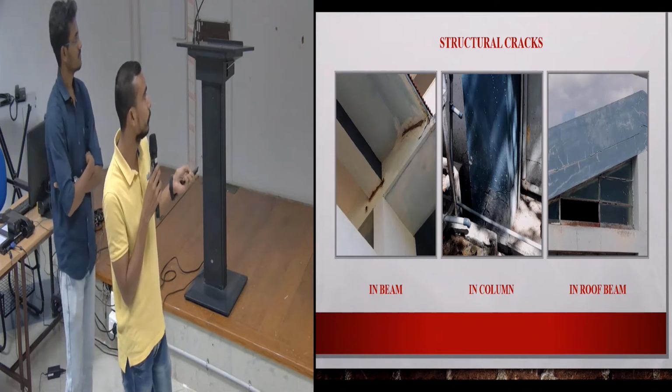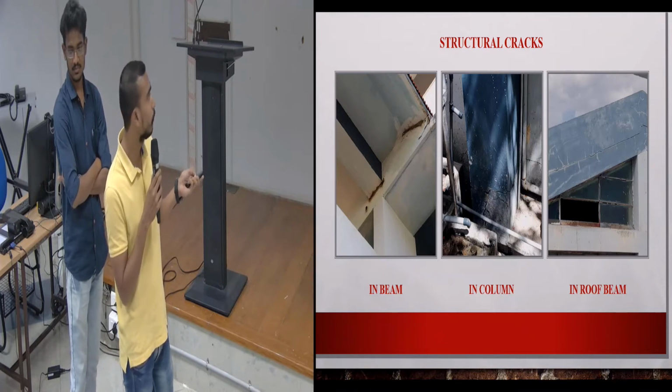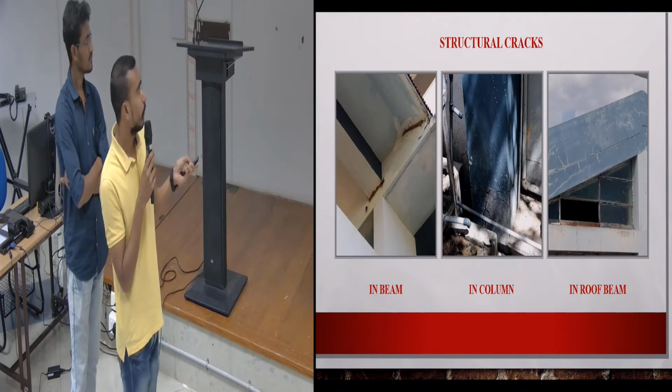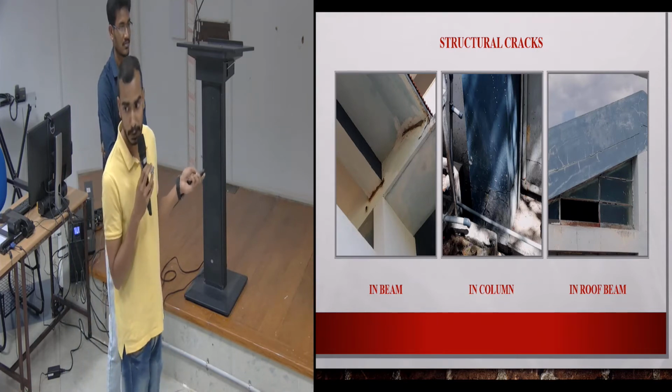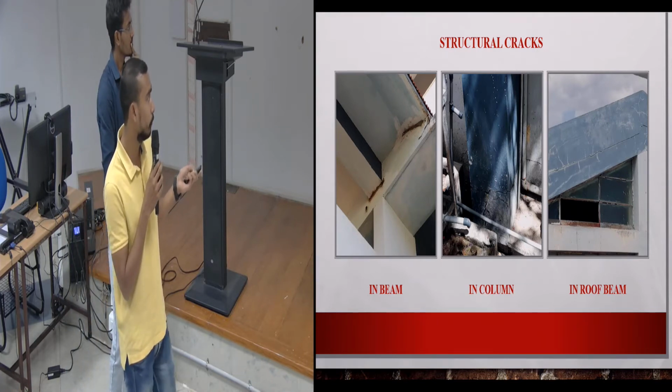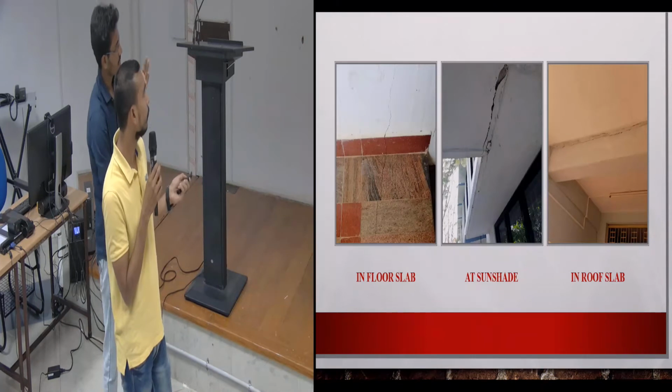And here also there is a horizontal crack in the column. This is because here there is uniaxial bending. Horizontal cracks occur because of horizontal bending of the column.